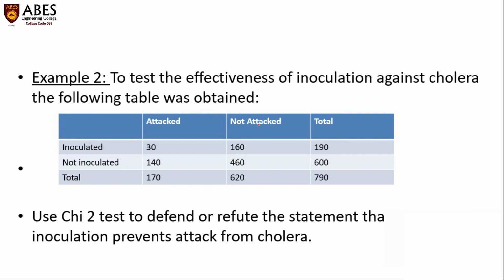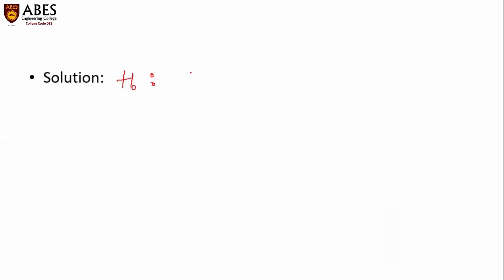A person will or will not be attacked by cholera does not depend upon whether he is inoculated or not inoculated. That is, inoculation does not prevent from cholera. So we take as null hypothesis that inoculation does not prevent from cholera.